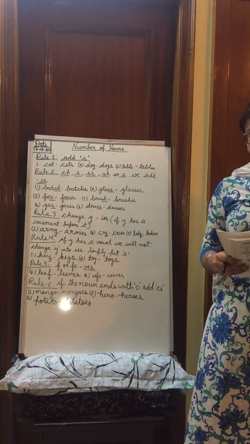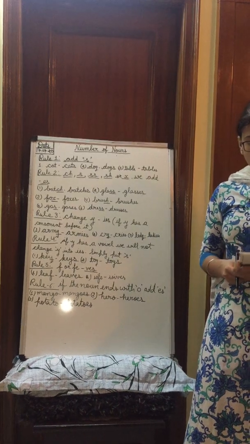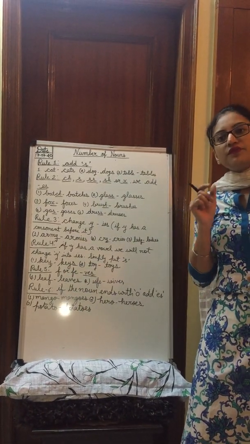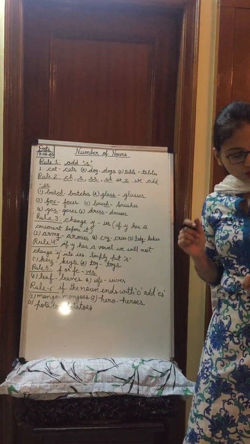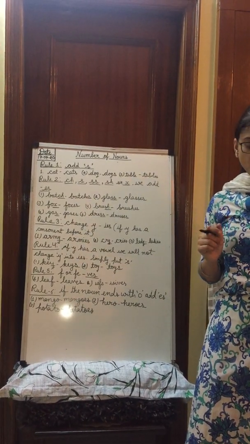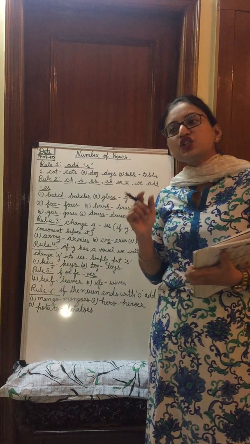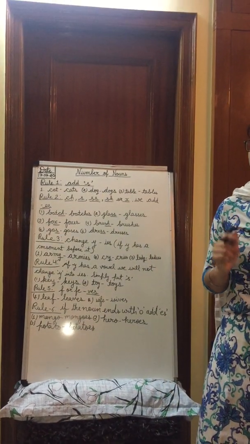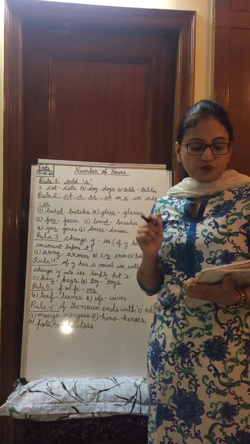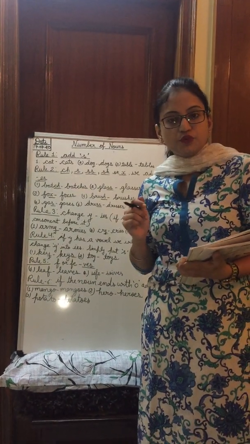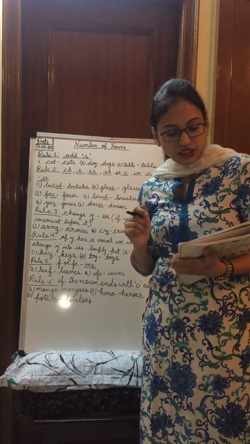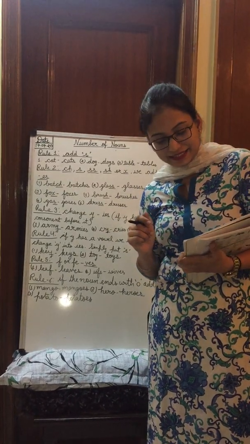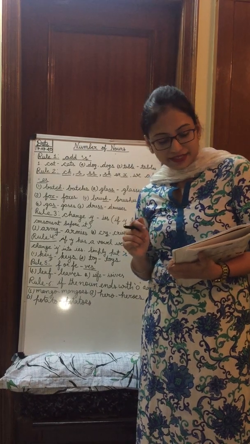But children, there are some nouns that change the vowel of the word to make it plural. The following nouns form their plurals by a change of vowel. So these nouns are like man, men, woman, women, foot, feet, tooth, teeth, goose, geese, mouse, mice.